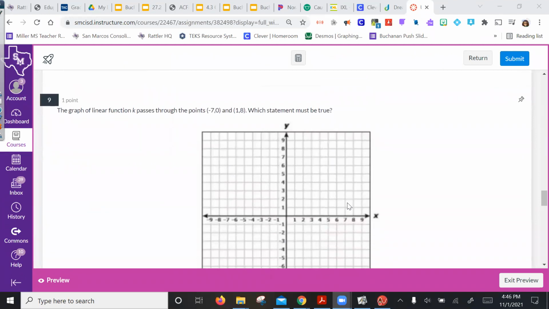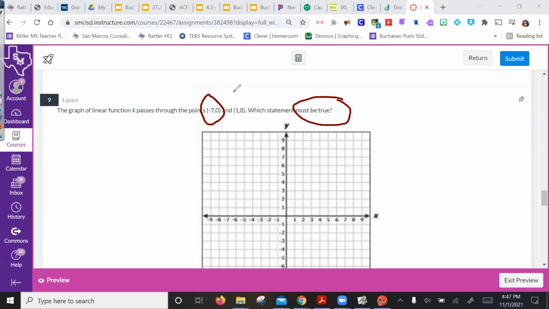The graph of the linear function k passes through the points negative 7, 0, and 1, 8. Which statement is true? Only one statement is going to be true, so we're going to start with the easiest thing first. I'm going to write it to the side. We can find our slope from these 2 points, but this right here is an important piece of information.